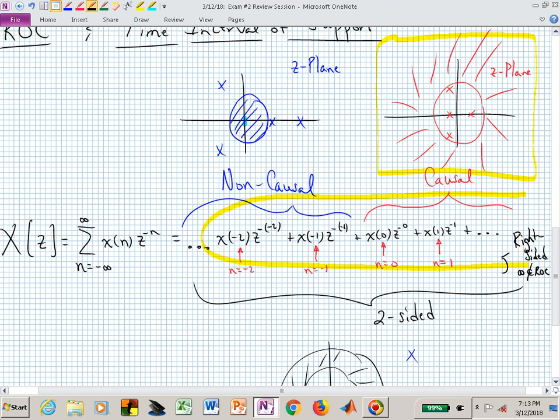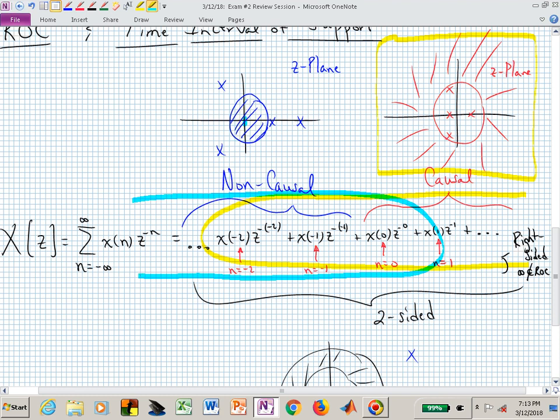If I had excluded z equal to 0 in this region of convergence associated with a non-causal, what's a generalization of the non-causal? It's now left-sided. So now I have something that's maybe including those terms.